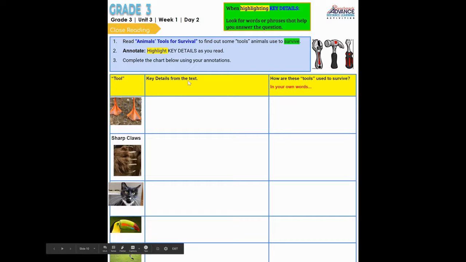Okay, and as we are reading those, we are going to highlight key details as we read. Then we will come back and complete the chart below using our annotations. So we're going to look at the text right now. We're going to read it. We're going to highlight any key details. So since we are looking at tools animals use to survive, we need to make sure that we look for words or phrases that are going to help us fill out this chart.